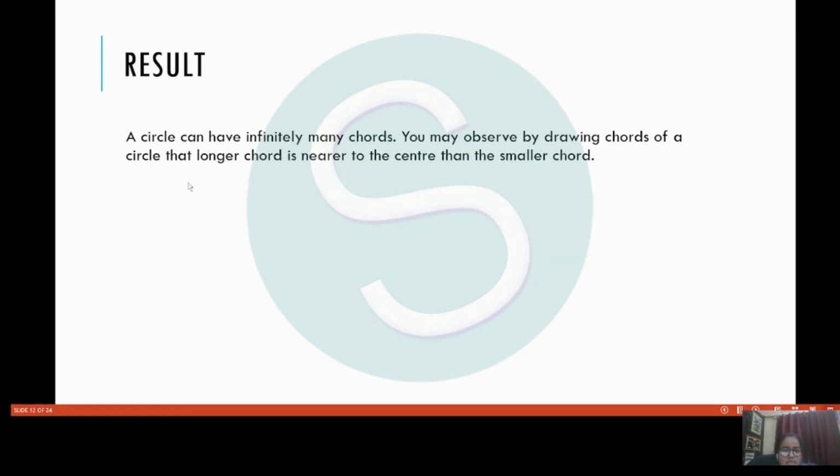Next result: a circle can have infinitely many chords, right? But when we draw so many chords of a circle, we will observe that the longer chord is nearer to the center than the smaller chord. If you draw many chords in a circle, you will observe that the chord whose length is greater will be nearer to the center as compared to the smaller chord.